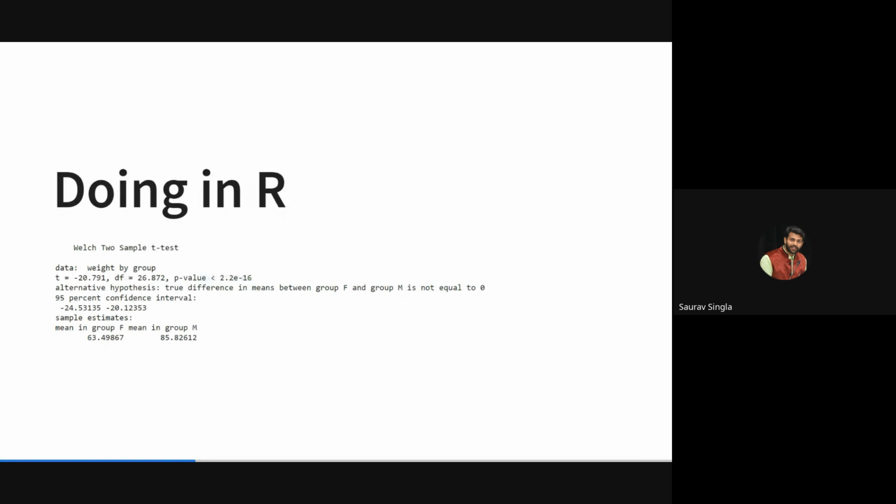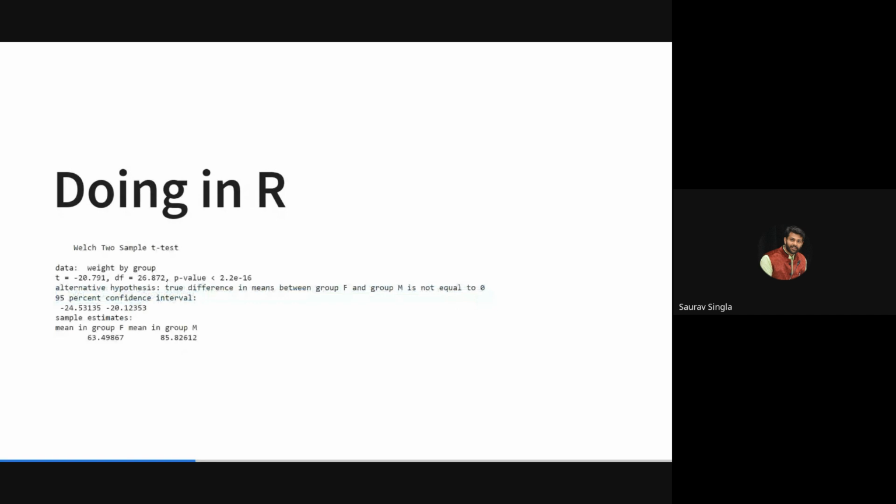And here you can see the computer is telling you what your alternate hypothesis is. The alternate hypothesis is that there is a true difference in the means between group F and group M, not equal to 0.